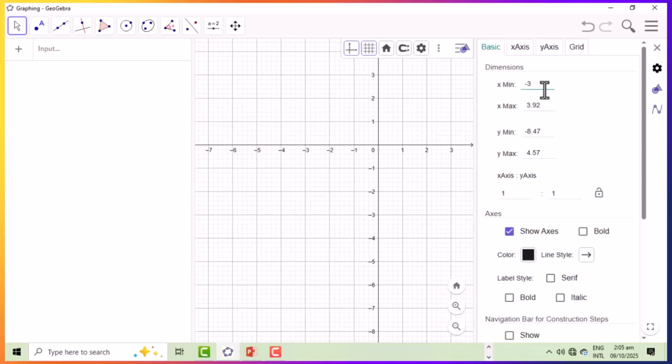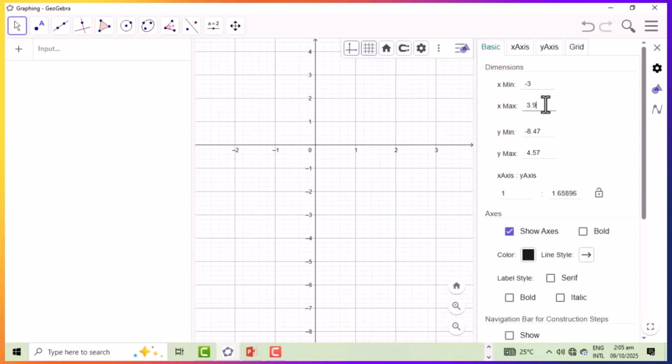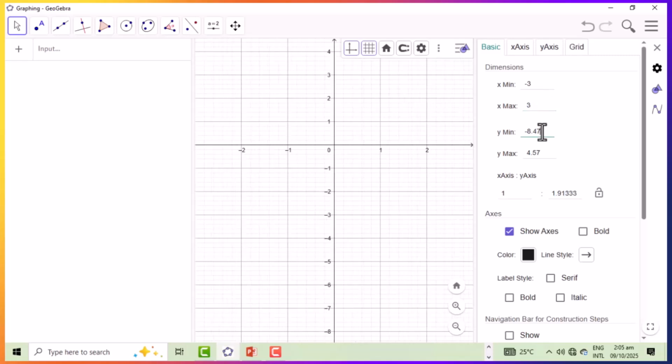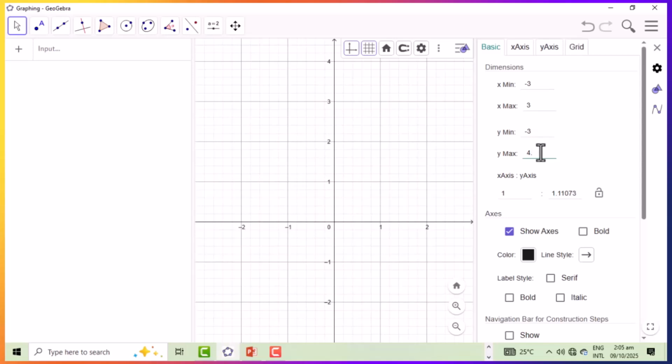The bigger value for x was 3. The minimum value of y was negative 3, and the maximum, the biggest value of y was 15.